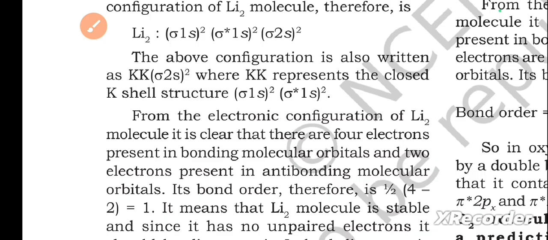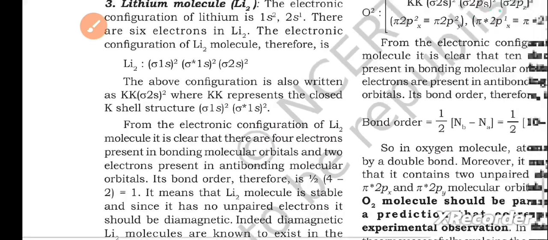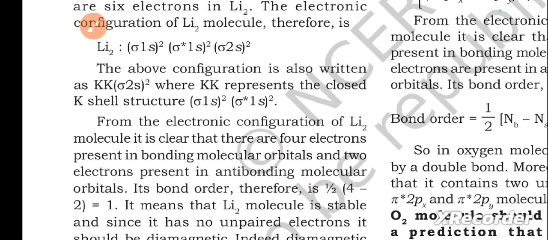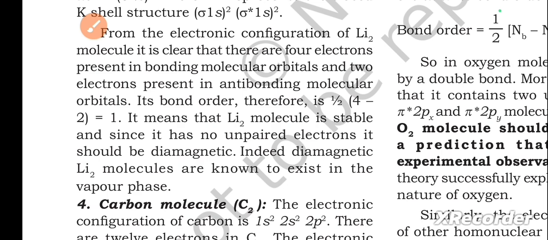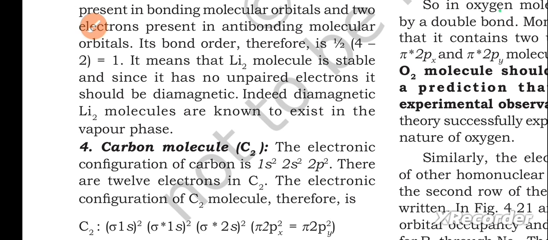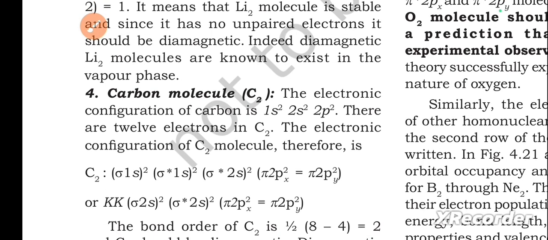From the electronic configuration of Li2 molecule, it is clear that there are 4 electrons present in bonding molecular orbitals and 2 electrons present in anti-bonding molecular orbitals. Its bond order therefore is 1/2 (4 minus 2) equals 1. It means that Li2 molecule is stable, and since it has no unpaired electrons, it should be diamagnetic. Indeed, diamagnetic Li2 molecules are known to exist in the vapor phase.